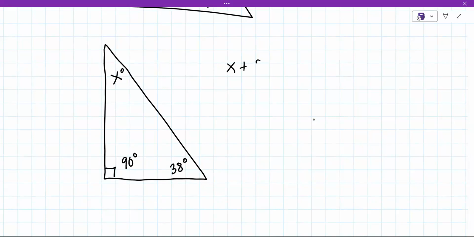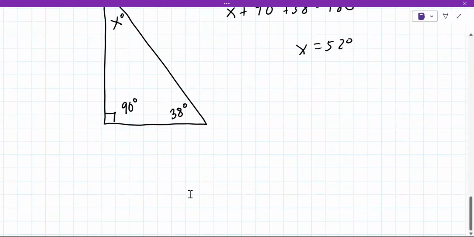You just add the three angles up, X plus 90 plus 38 equals 180, and you can find the missing angle. X is 52. Good.